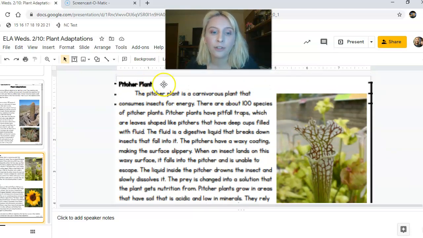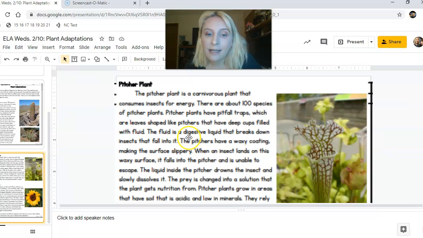Right, the pitcher plant. The pitcher plant is a carnivorous plant that consumes insects for energy. There are about 100 species of pitcher plants. Pitcher plants have pitfall traps, which are leaves shaped like pitchers that have deep cups filled with fluid.